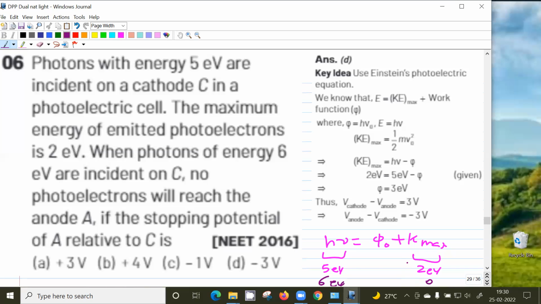Okay, so I have to find stopping potential. V not is free, sir, but I don't know what is that V anode and V cathode.